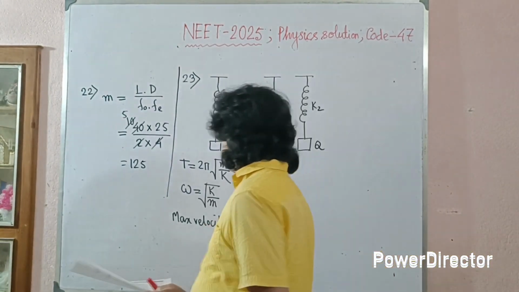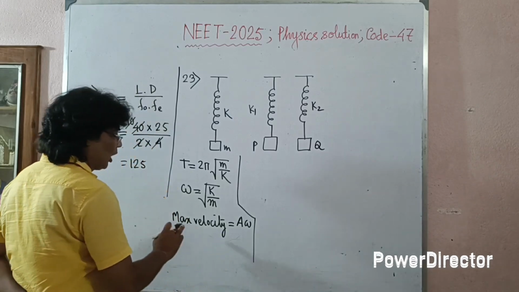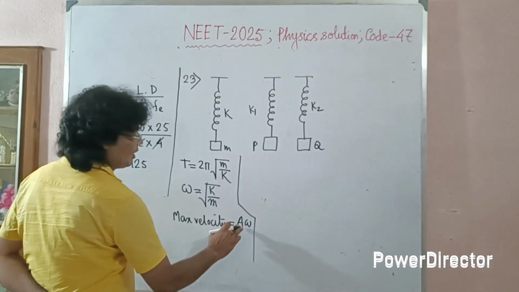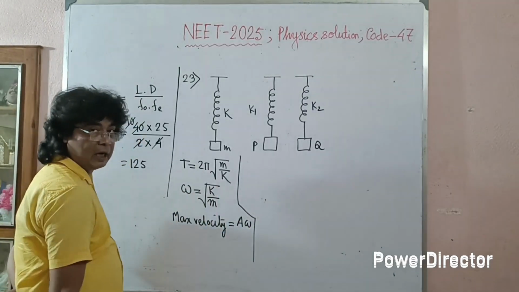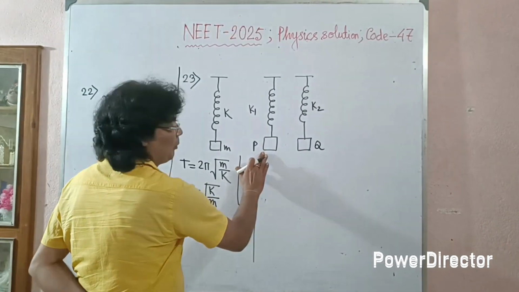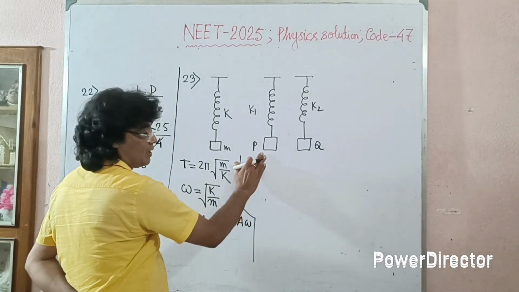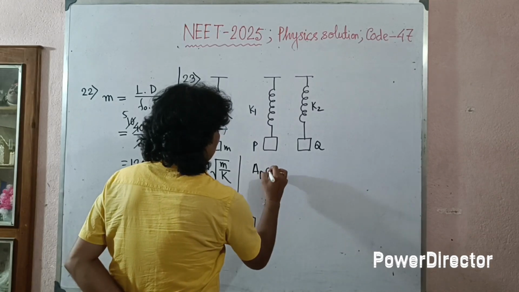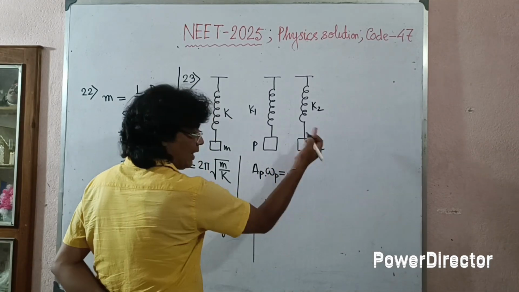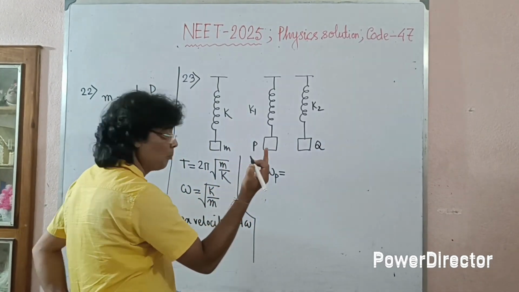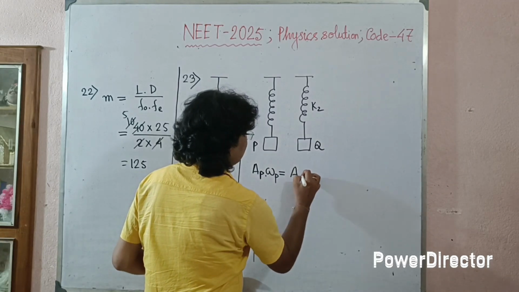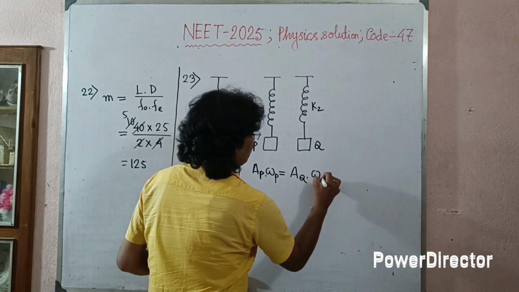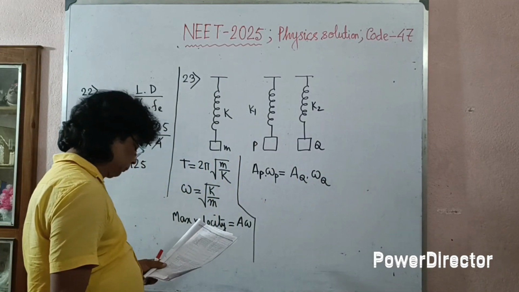Here we discuss the formula of maximum velocity is A omega. Maximum velocity in the first case is AP omega P. In the second case, the maximum velocity is AQ omega Q.